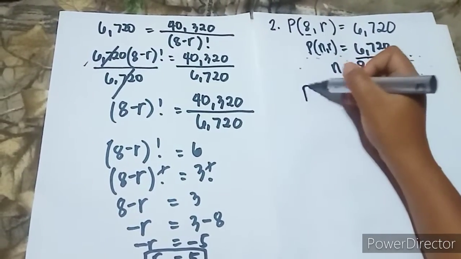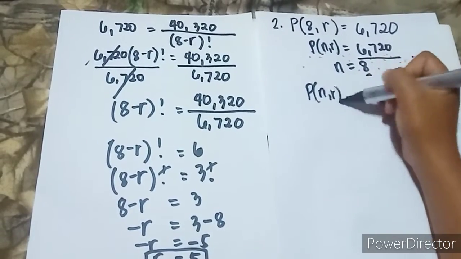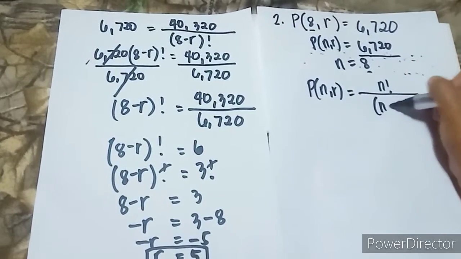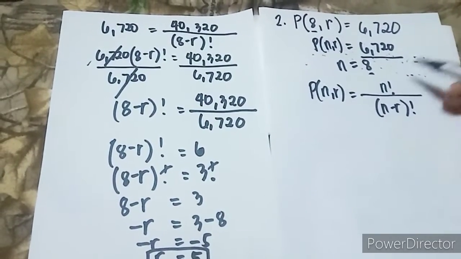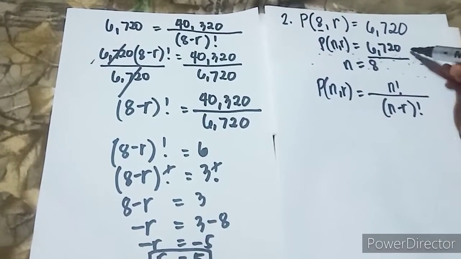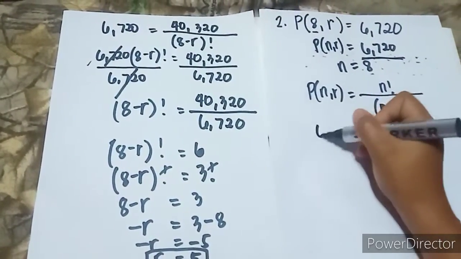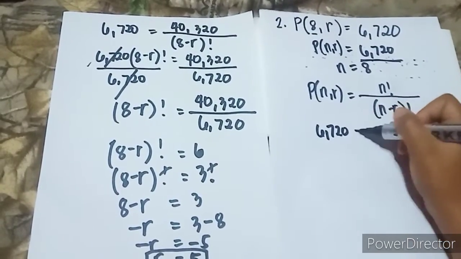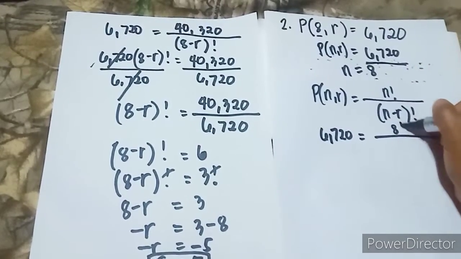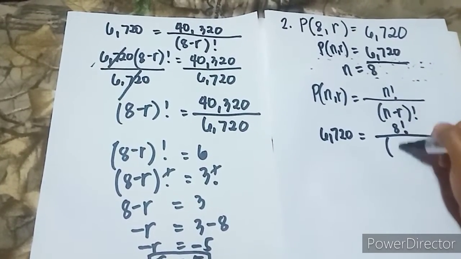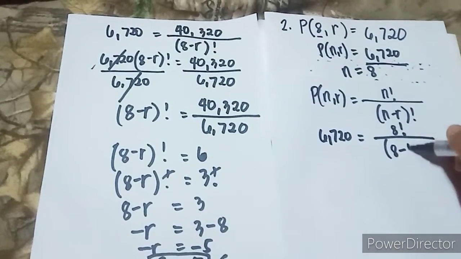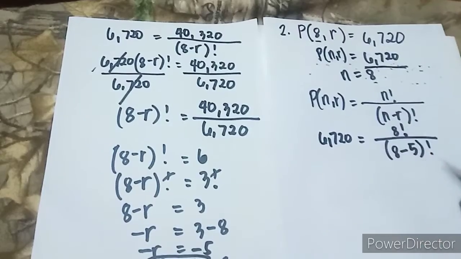We have the formula: permutation of n objects taken r at a time is equal to n factorial over n minus r factorial. So the value for our permutation of n objects taken r at a time is 6,720, which is equal to, the value of our n is 8 factorial over 8 minus the value of our r, which is 5 factorial.